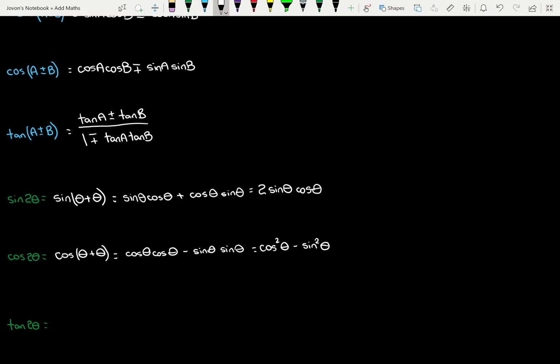Okay, so the equivalent of cosine 2 theta is cosine squared theta minus sine squared theta.